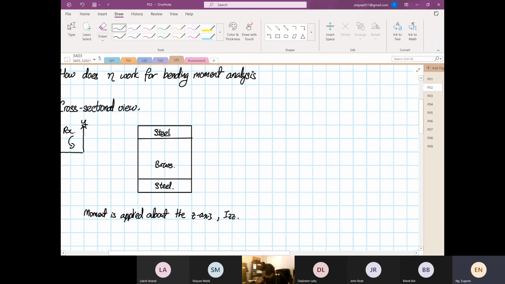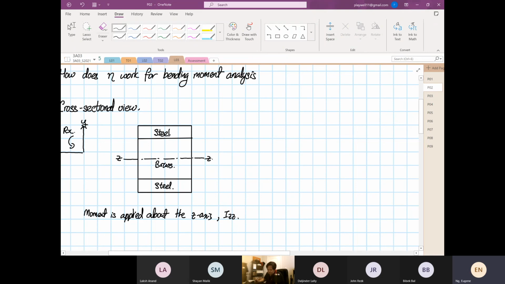So we want to find IZZ, or we want to find moment. If it's moment about the z-axis, we have to find IZZ. Okay. So if it's a single material, we know that we use stress x is equal to Mz over IZZ multiplied by y. Okay, but we have a sandwich material.